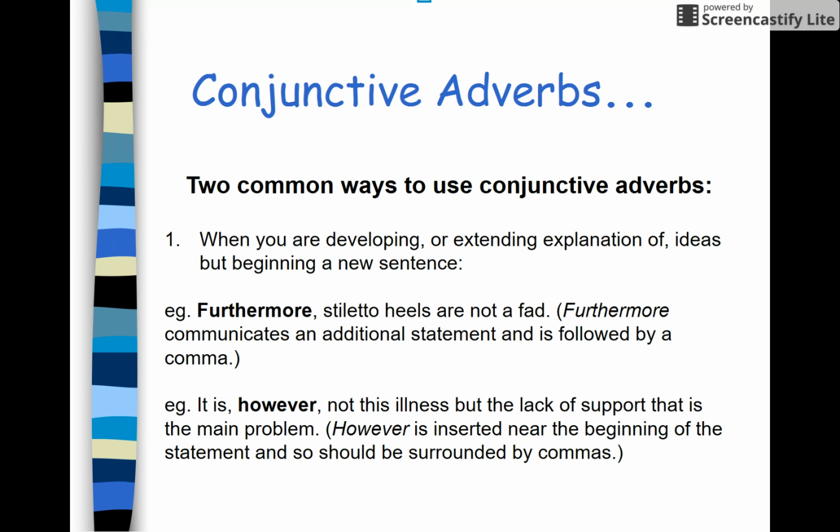Another way to use this is in a sentence which comes after some other information, but not right at the beginning. It is, however, not this illness, but the lack of support that is the main problem. The word however is inserted near the beginning of the statement, but it interrupts that main idea, so it should be surrounded by commas.